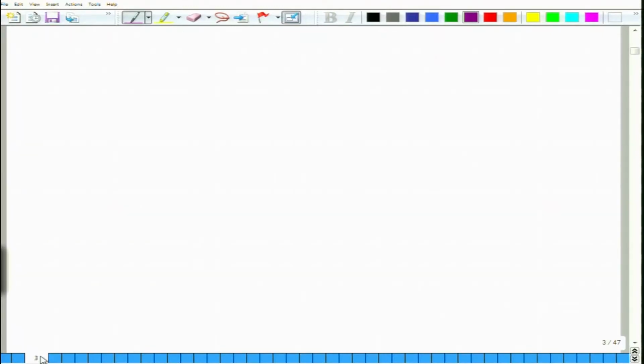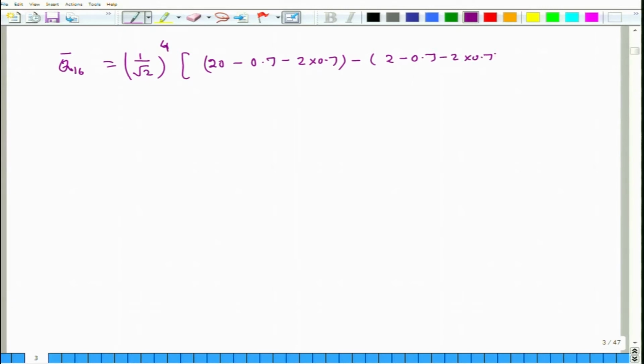And Q16 bar equals 1 over square root of 2, entire thing raised to the power of 4, times (20 minus 0.7 minus 2 into 0.7 minus 2 minus 0.7 minus 2 into 0.7).